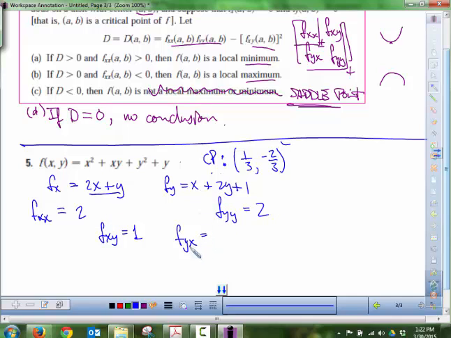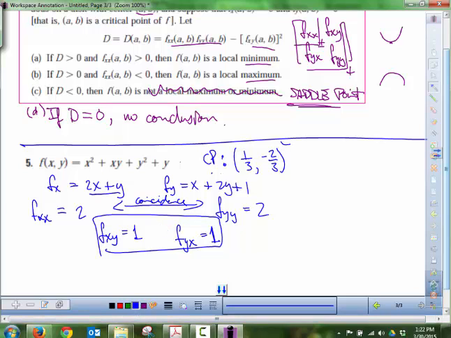Our fyx is taking the derivative of fy with respect to x, and that's just 1. So this being equal is not a coincidence. This being equal, fxx and fyy both being 2, is a coincidence. So I'll put coincidence here. It's not usually equal to each other like that.